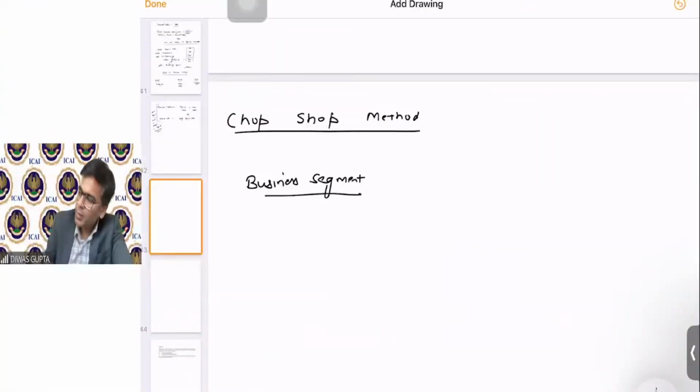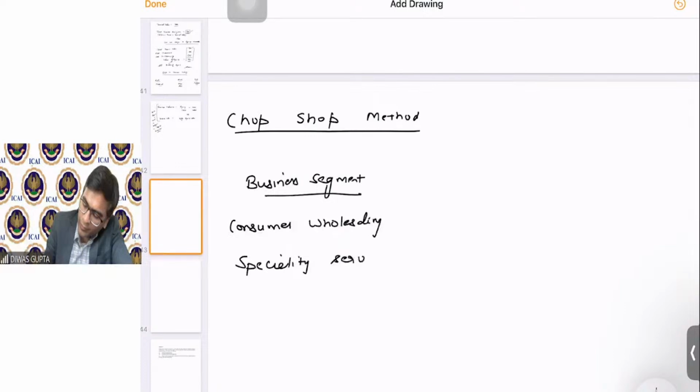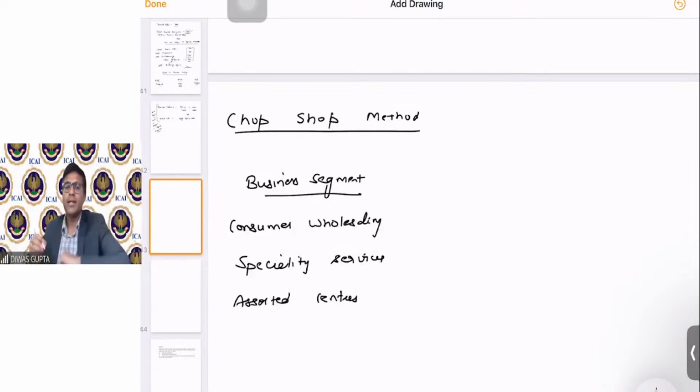Say the consumer wholesaling, then there are some specialty services, then assorted centers. Okay, these are, let's say, three different business segments.